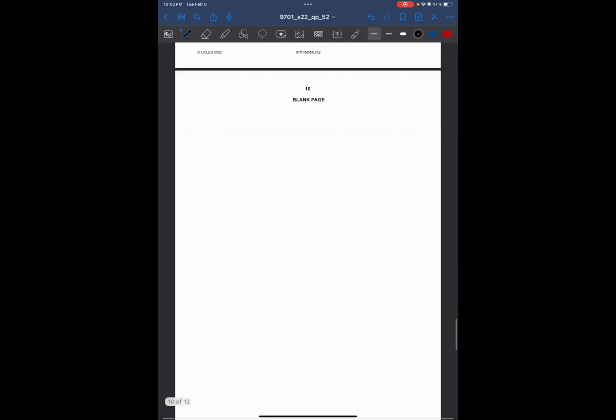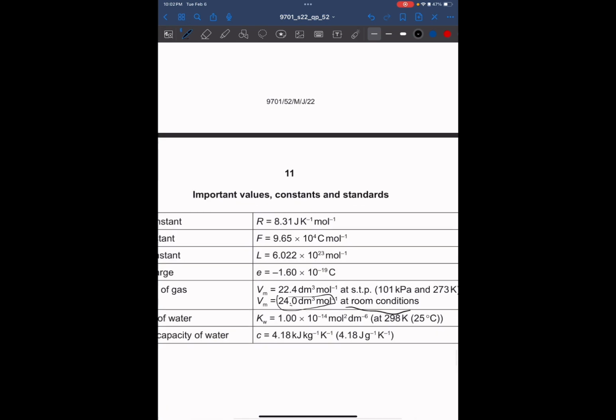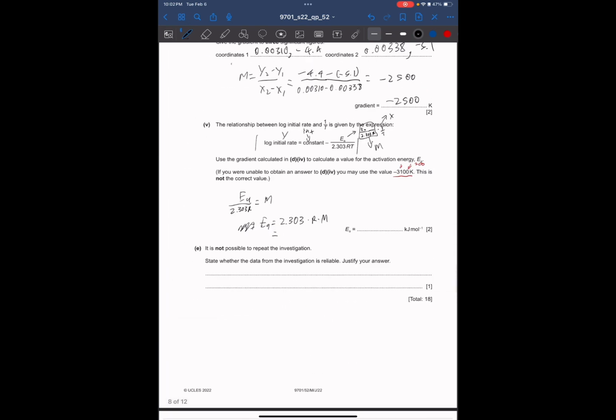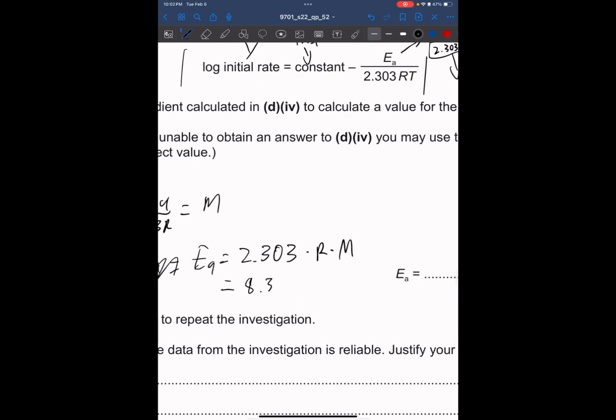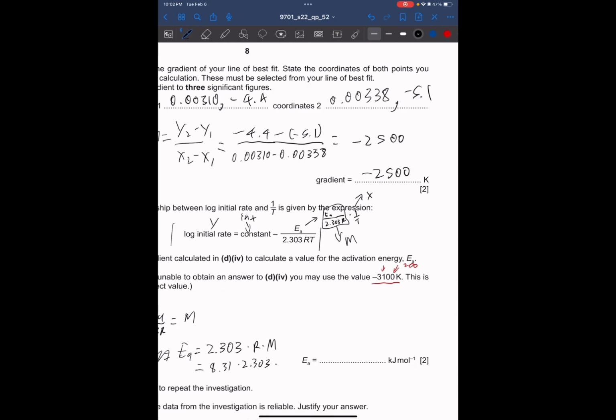If we're going to find the value of r, it's 8.31. So 8.31 times 2.303 times our gradient, negative 2,500.